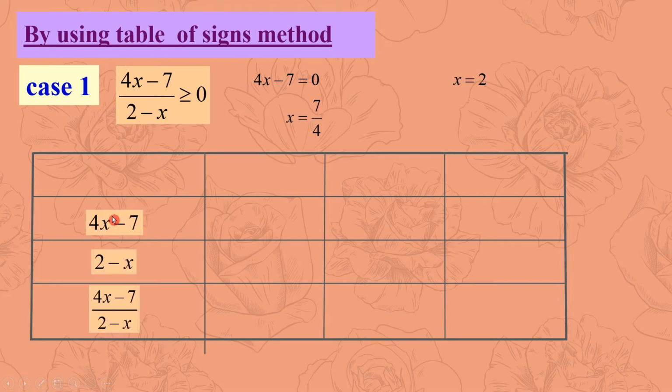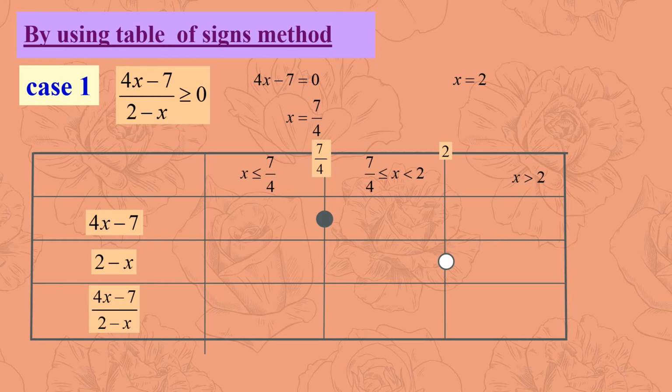Next step, you write all the factors here, the top factor 4x minus 7, and the bottom factor 2 minus x, and the combination of the two factors. Then you write the line here, according to the smallest number to the left.